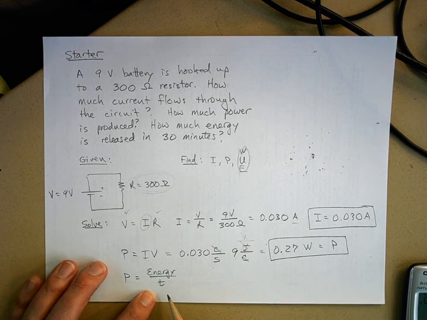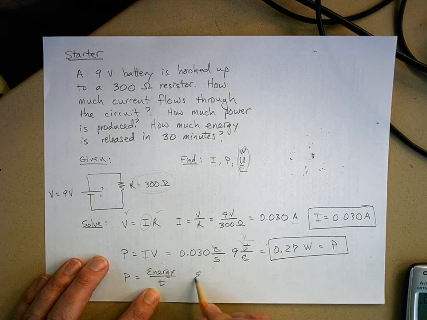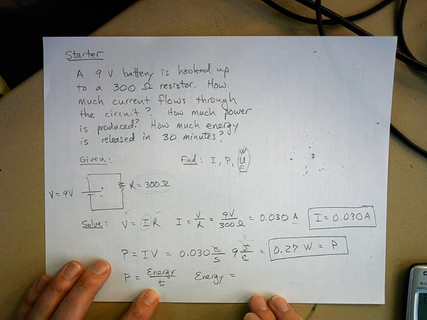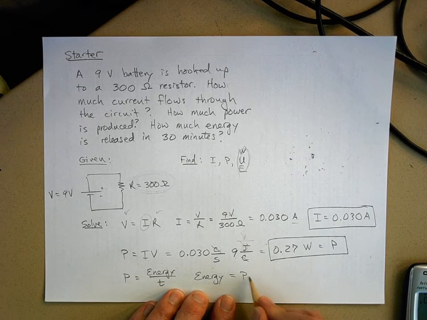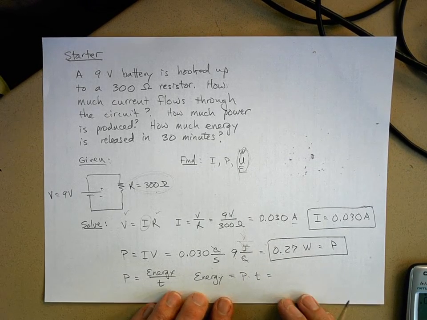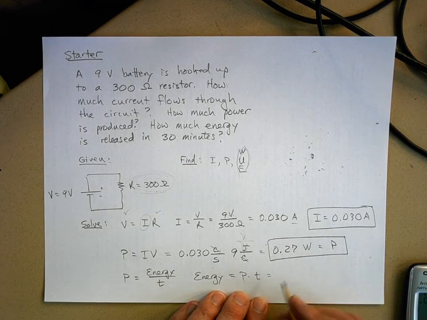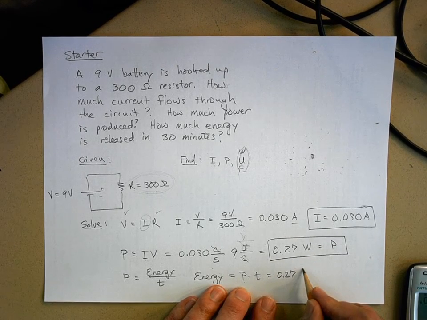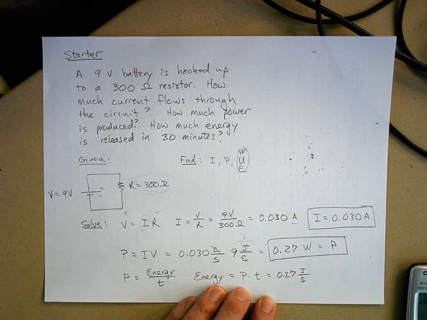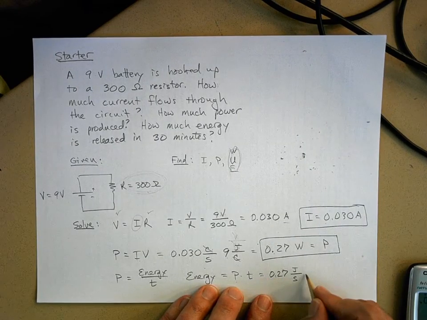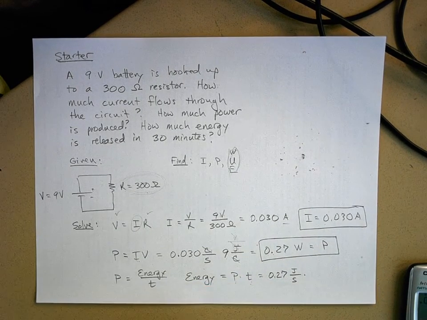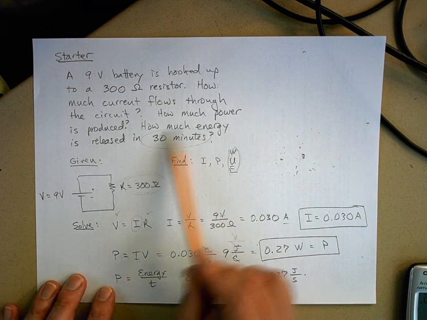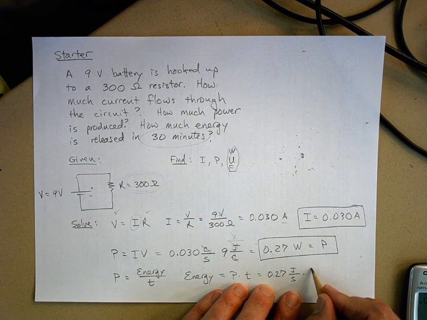So if I want to know how much energy was released, then I just go power times time. Well, the power is 0.27 watts, but what is a watt? A joule per second. But what is time? How much time is going by? 30 minutes. Well, if I plug in, I can put 30 minutes in here.